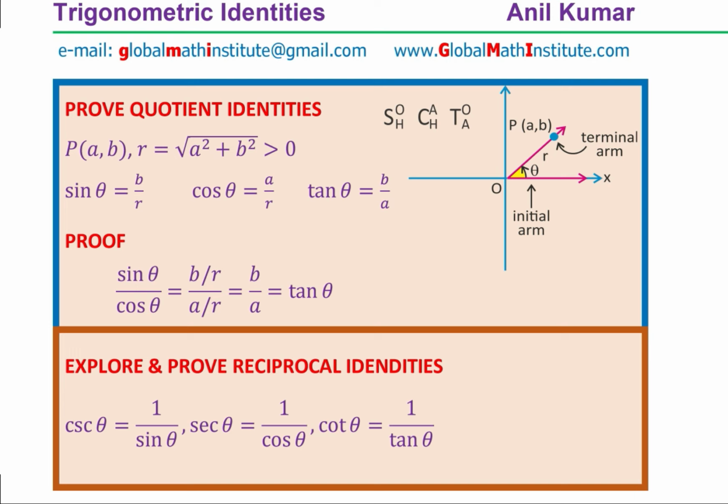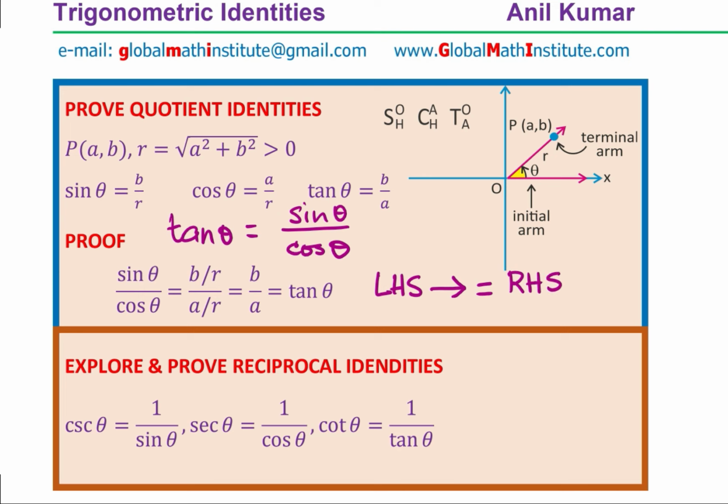The concept we are learning here is this: we learned that tan theta is equal to sin theta over cos theta, and we know this is an identity. So you can start with the left hand side, as we did first, and then show that it is equal to the right hand side. Or you could start with the right hand side and show that it is equal to the left hand side. Either way, you show it.